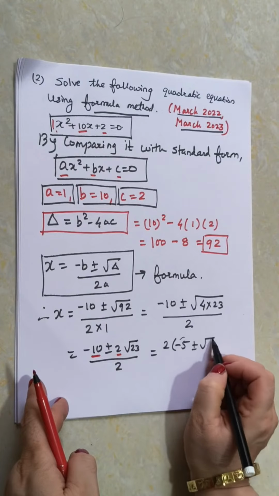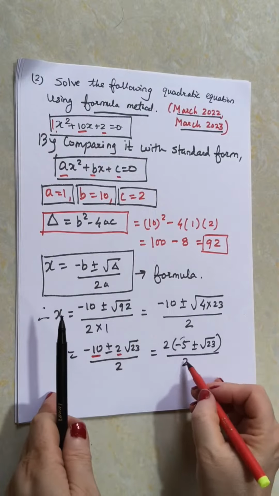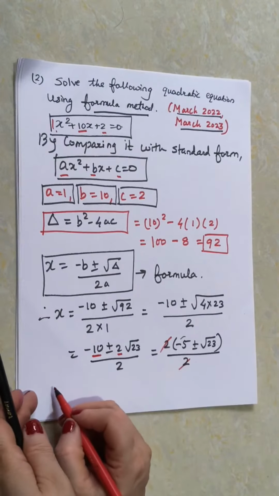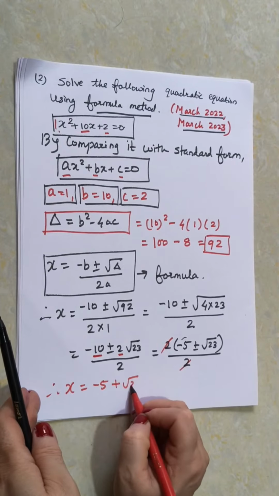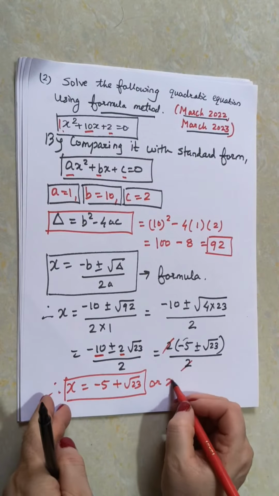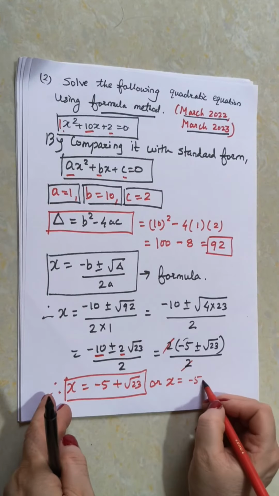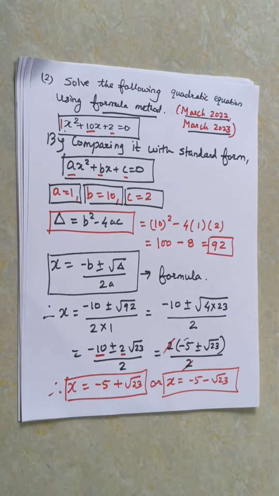So plus or minus under root 23 and 2. Now this denominator and numerator will be cancelled. And what is my answer? X is equal to negative 5 plus under root 23, or x is equal to negative 5 minus under root 23. So thus we got the answer.